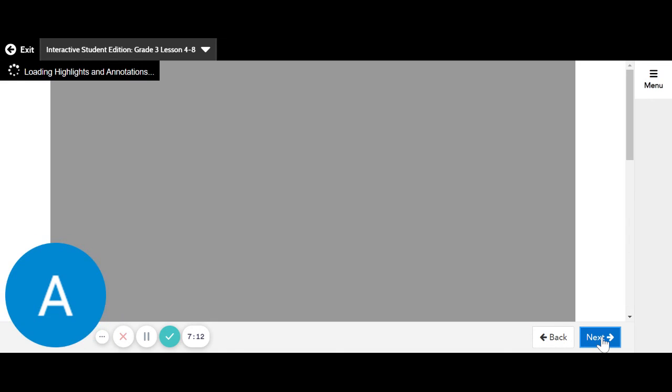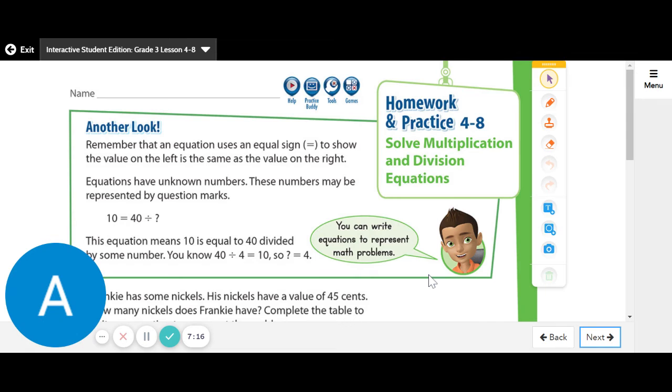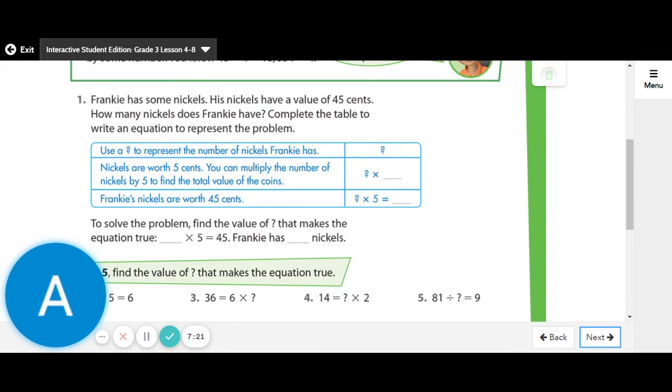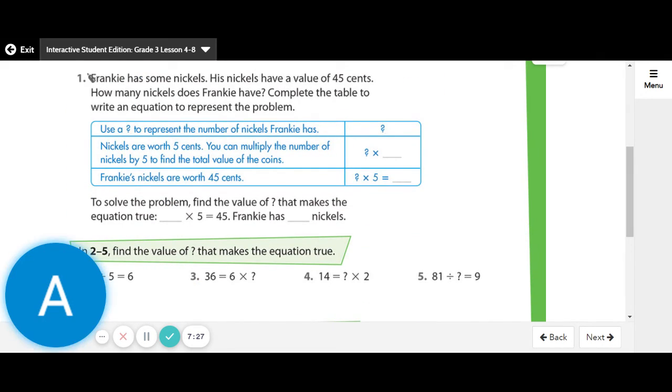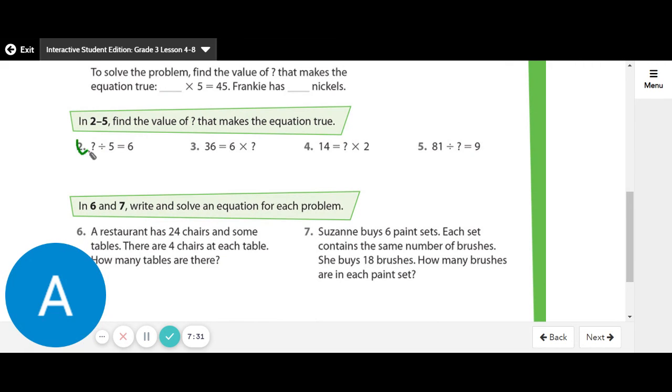Your job today will be pages 215 and 216. I want you to try number 1, 2, 3, 4, 5, 6, and 7 on this side.